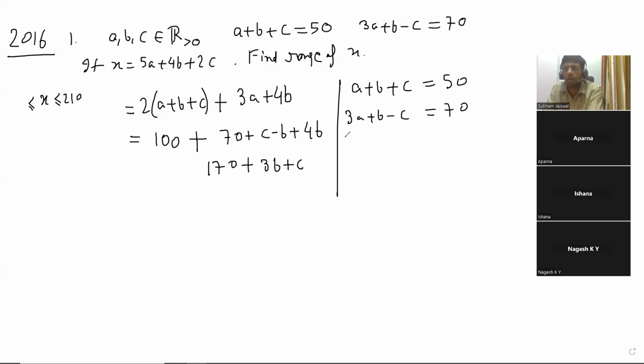So how do we do this? Maybe we'll try to eliminate. So multiply this by 3 and subtract. I'm leaving the first one as it is, multiplying by 3 and subtracting. Minus 2b, minus 4c, 70 minus 80.